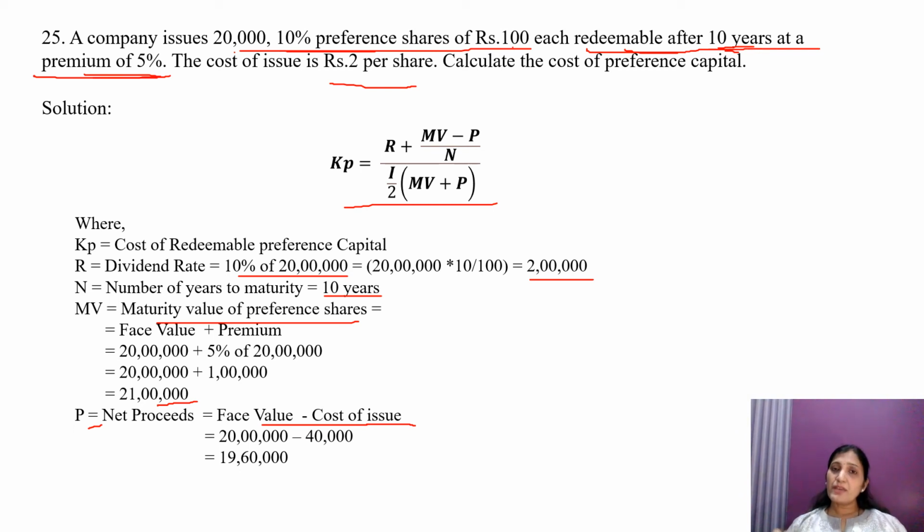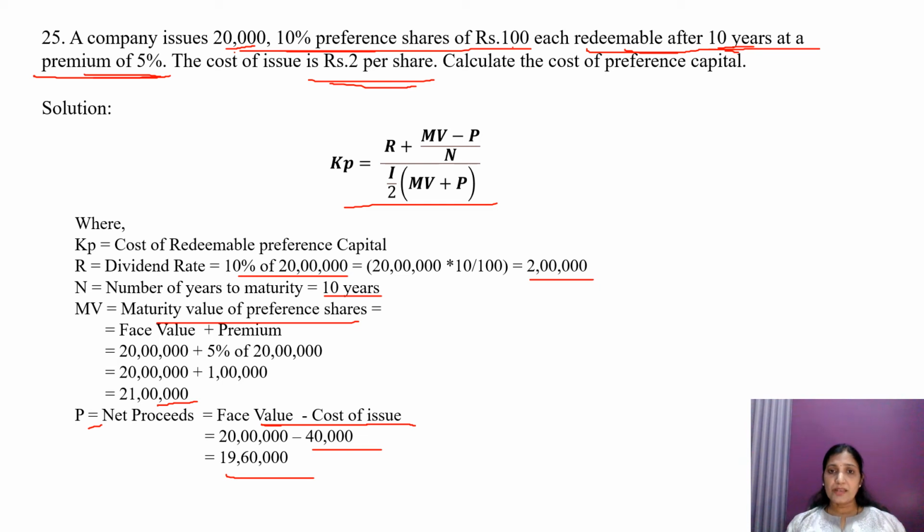This premium is only for redemption, so during the calculation of net proceeds, premium doesn't come into account. So face value minus cost of issue. What is cost of issue? It is rupees 2 per share. So that is 40,000. So 20 lakhs minus 40,000 is 19 lakh 60,000.